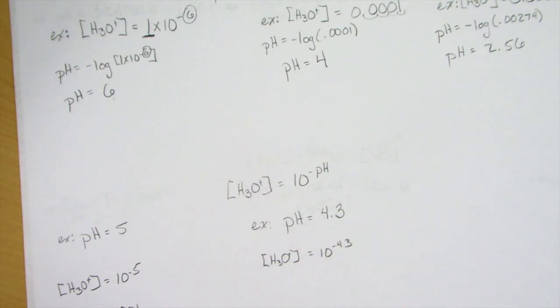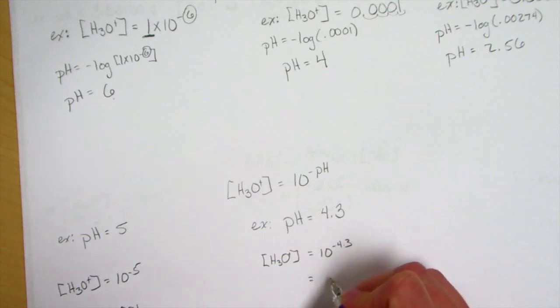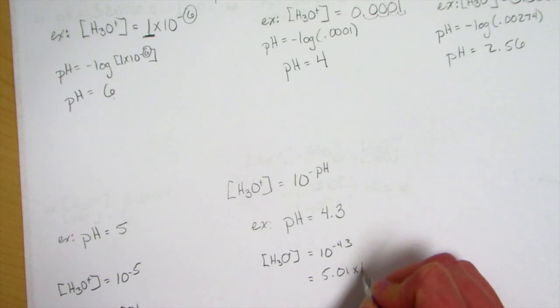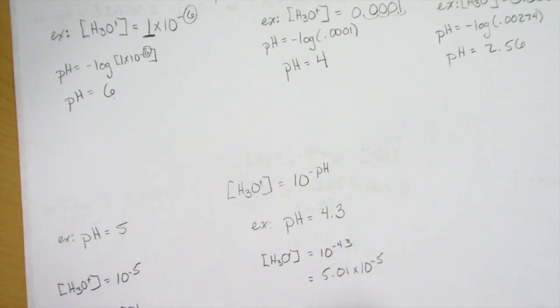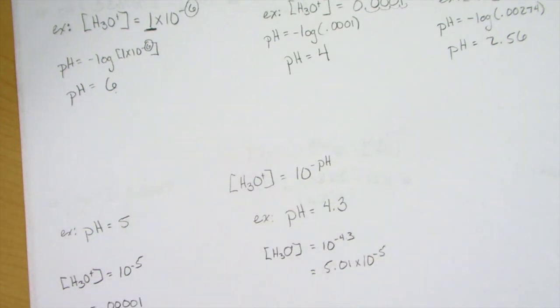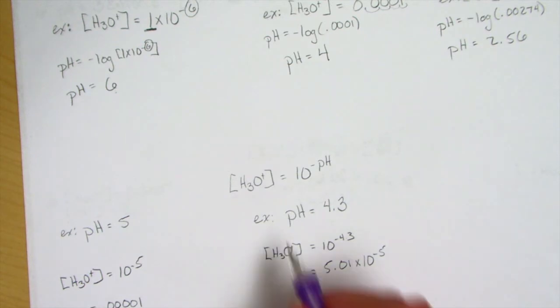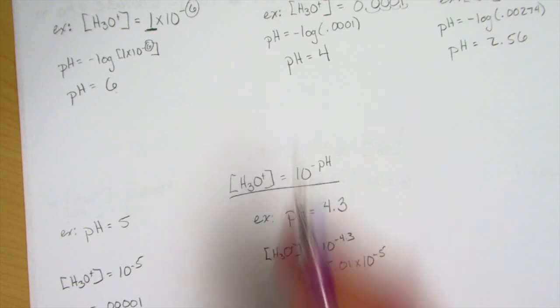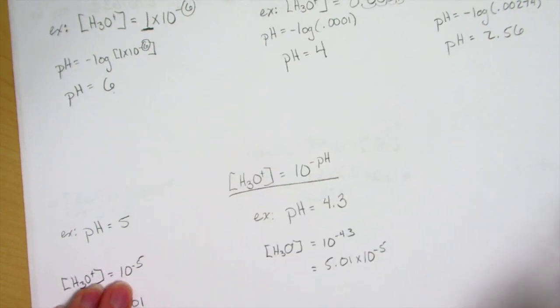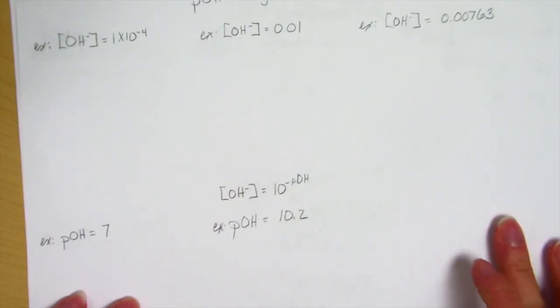Put that into your calculator, 10 caret negative 4.3, and that comes out to be 5.01 times 10 to the negative 5th. So a little bit different in our concentration, a little bit harder, but still just using these same equations here and here.